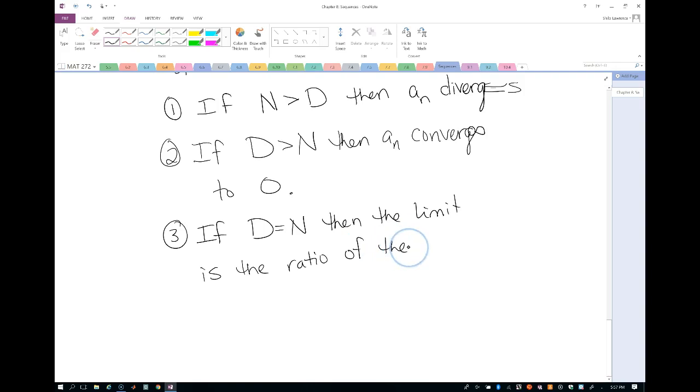The leading coefficients are the coefficients on the term that has the largest exponent. And because this will always be a finite number, that means these types of rational expressions are also going to be considered convergent.